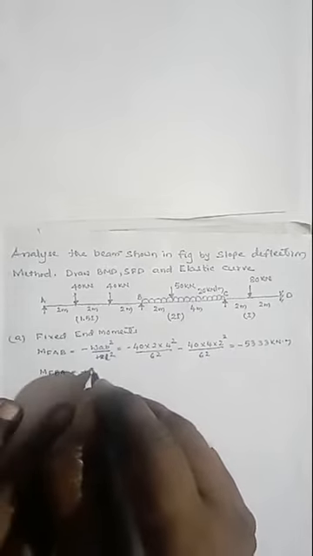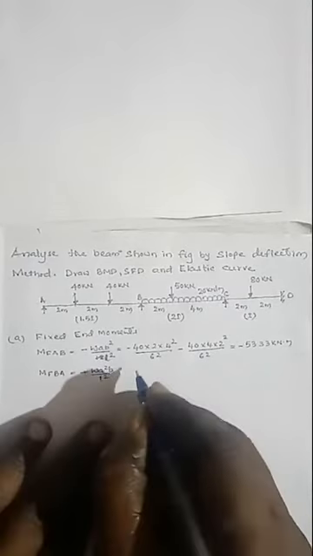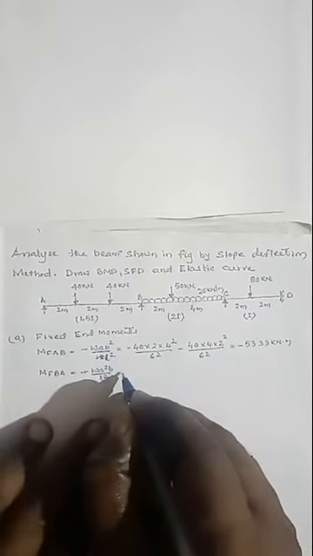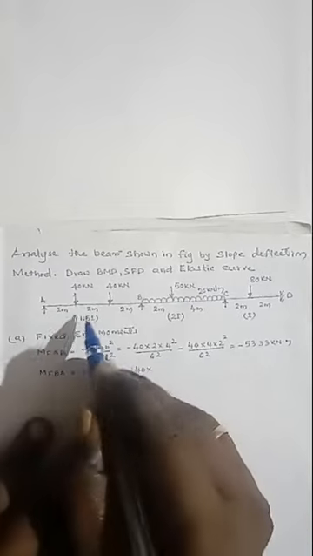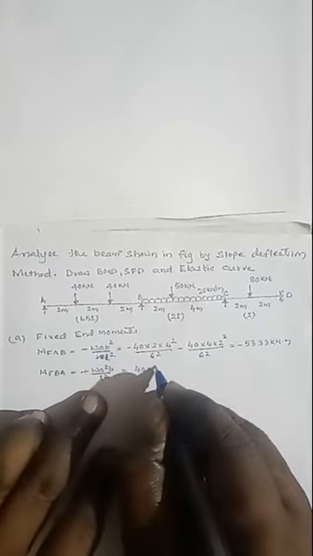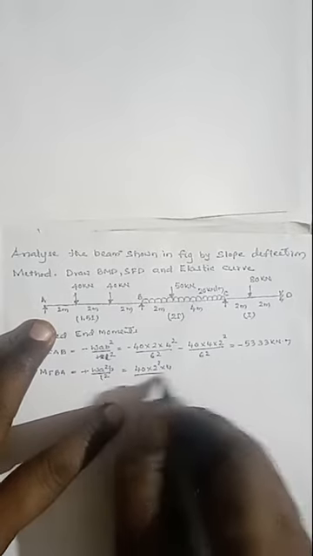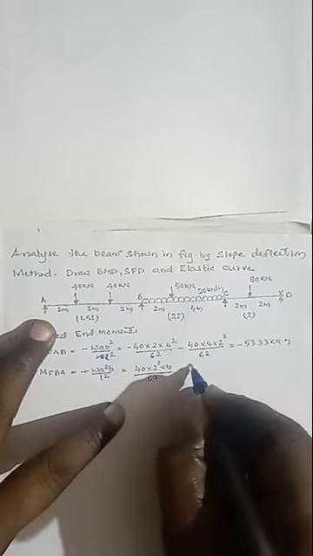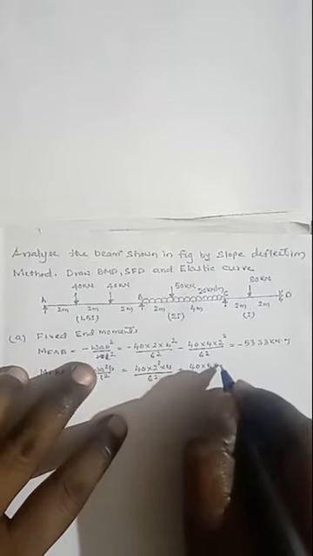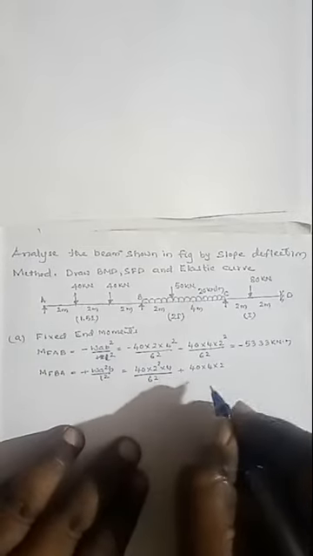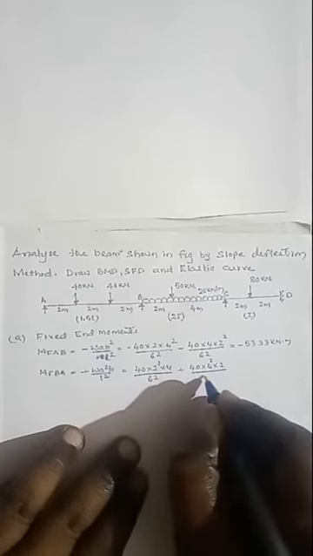Similarly for the far end, that is for B, MFBA equals W a square b by L square for first load and second load. First one, you will get 40 into, for first load a is 2 meter, b is 4 meter divided by L square, plus for second load a is 4 meter, b is 2 meter, that is 4 square divided by L square.